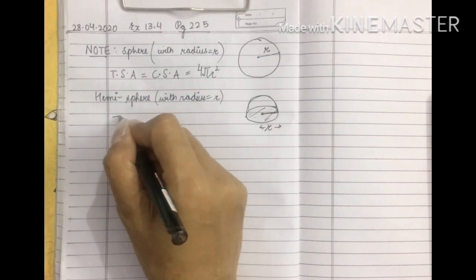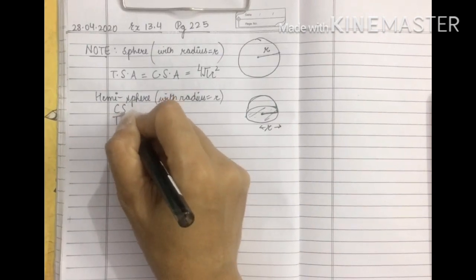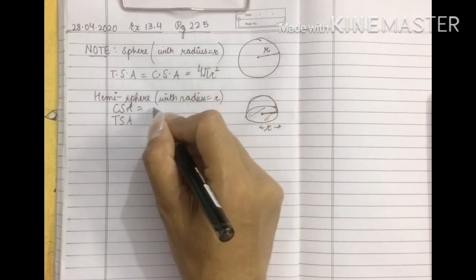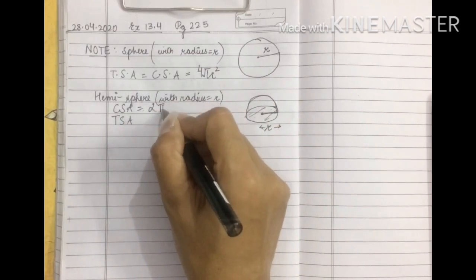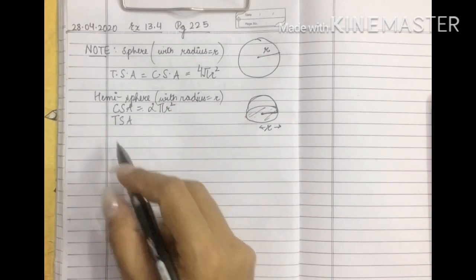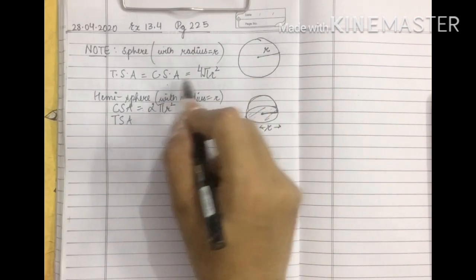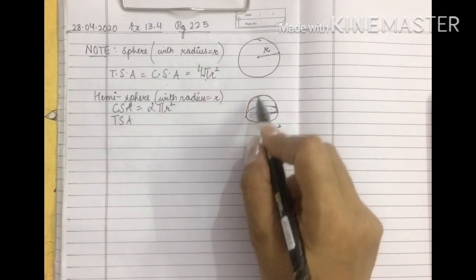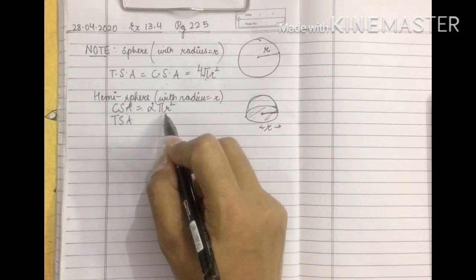So for this, the curved surface area is the half of this, so 2 pi r square. If for the whole sphere, curved surface area is given by 4 pi r square, then for half sphere, the curved surface area will be given by 2 pi r square.